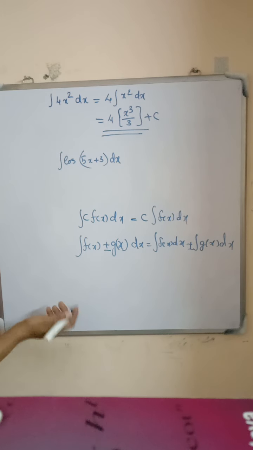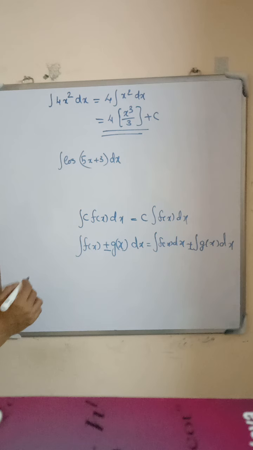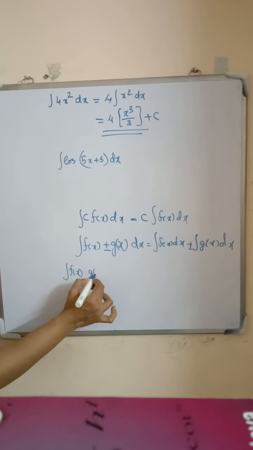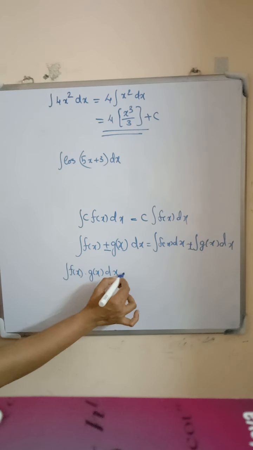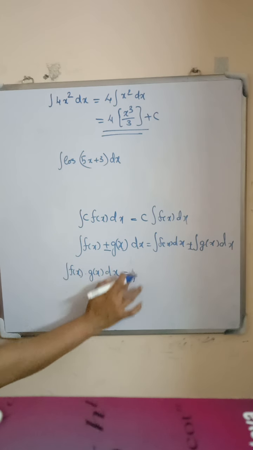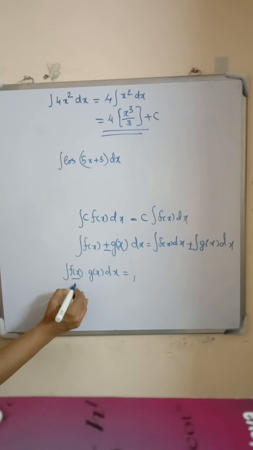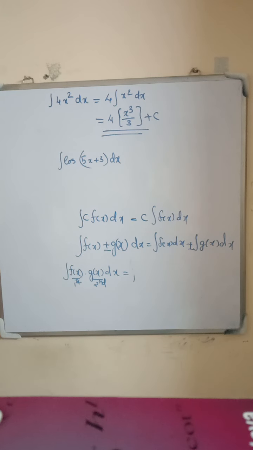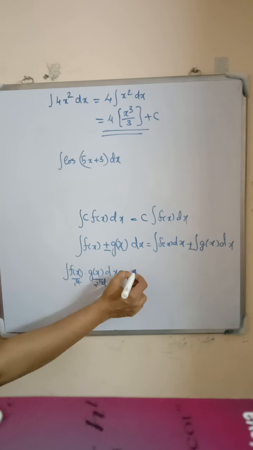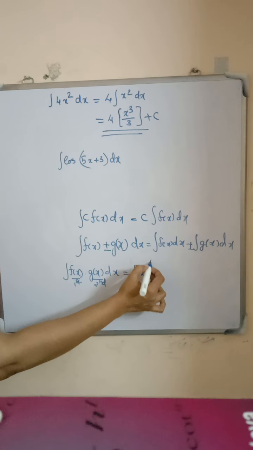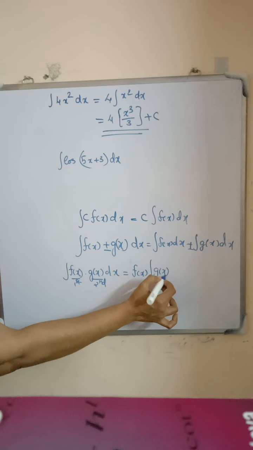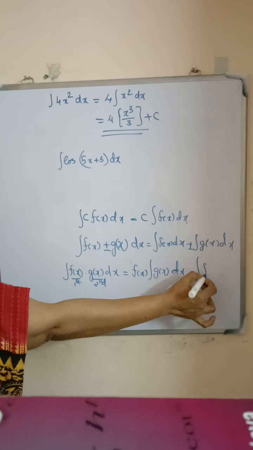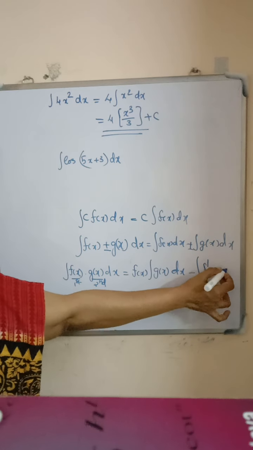But in the product it is different. Integral f of x into g of x dx is equal to, taking this as the first function and this one as the second function, first into integral of the second dx, minus integral of the derivative of the first into integral of the second.